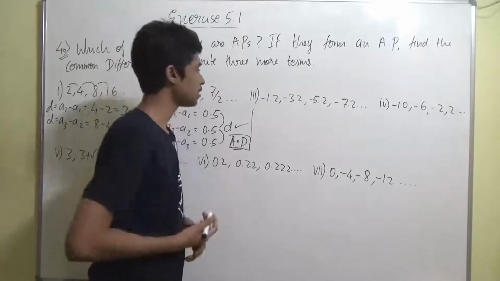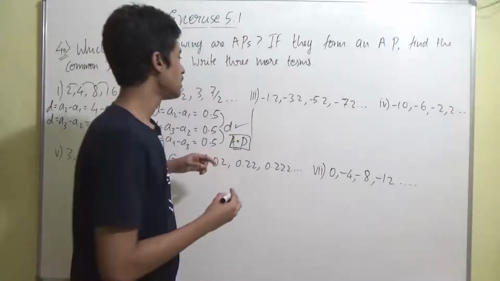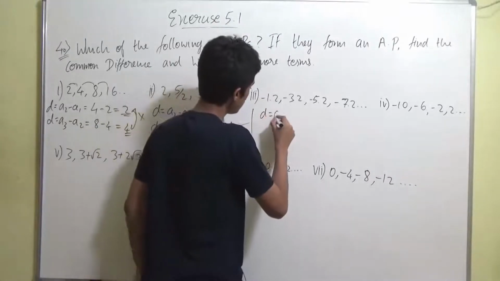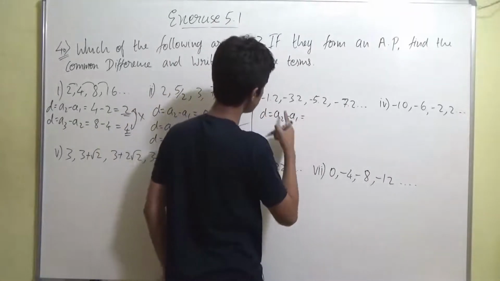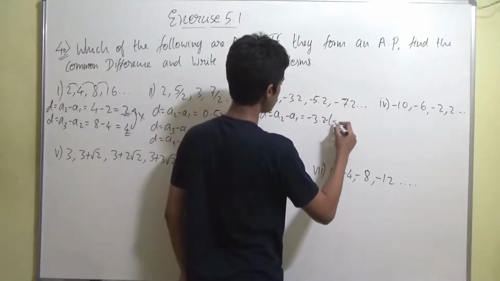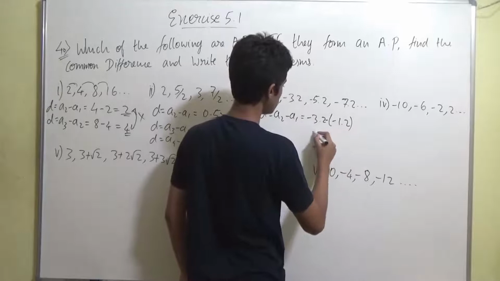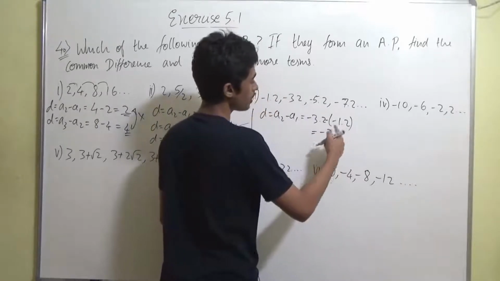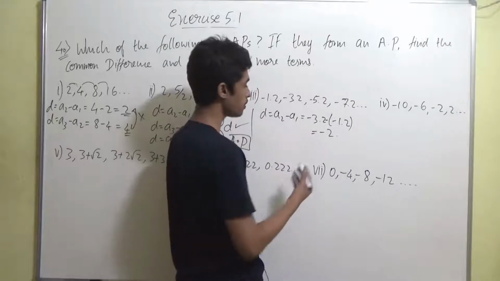Now let's go to the third sub question. Same way we'll take D equal to a2 minus a1, that is minus 3.2 minus of minus 1.2, which becomes plus 1.2, so minus 3.2 plus 1.2 will become minus 2, right?